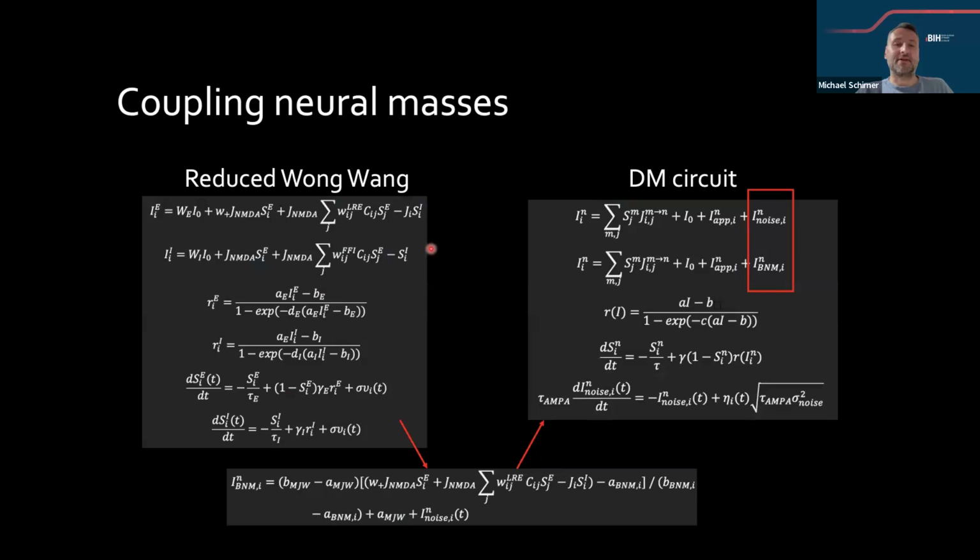As mentioned, the equations of the decision-making circuit model and of our normal brain network model circuit, the reduced Wong-Wang, are very simple. It's basically the same equations with slightly different parameters, and this allowed us to couple the large-scale brain network model with this decision-making circuit.